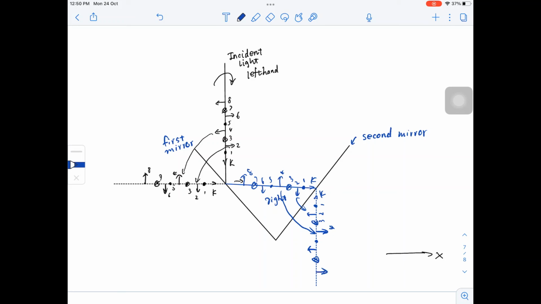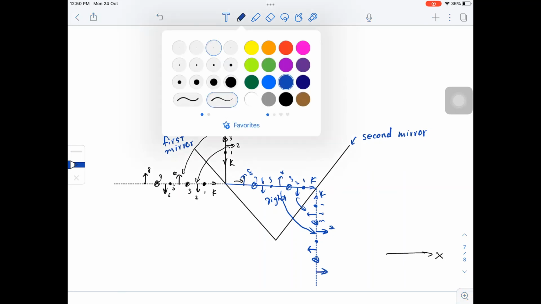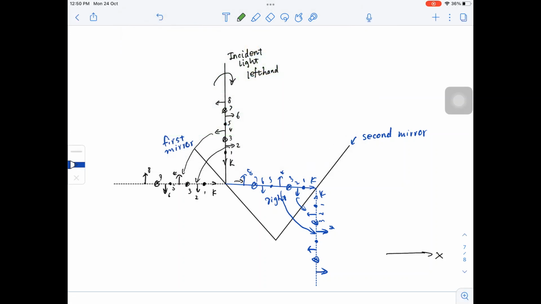Okay. Now let's look at what is the output light looks like. I will change another color. Let's use green. This is reflected beam. K vector 1, 2, 3, 4, 5, 6, 7, 8.